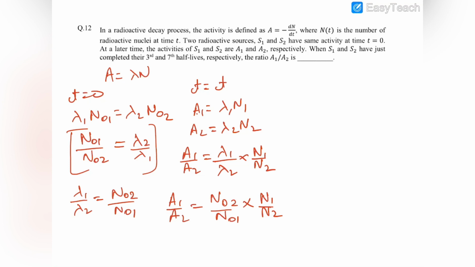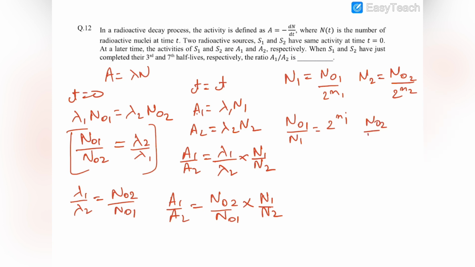Now we know that N1 will be equal to N naught 1 upon 2 to the power n1, where n1 is the number of half-lives it has completed, and N2 will be equal to N naught 2 upon 2 to the power n2. So N naught 1 upon N1 will be equal to 2 to the power n1, and N naught 2 upon N2 will be equal to 2 to the power n2.